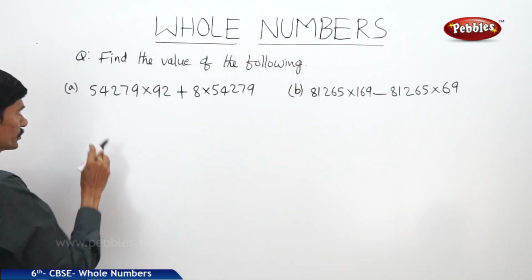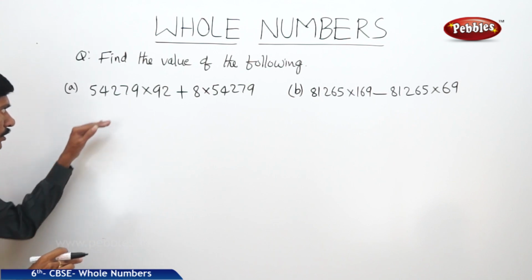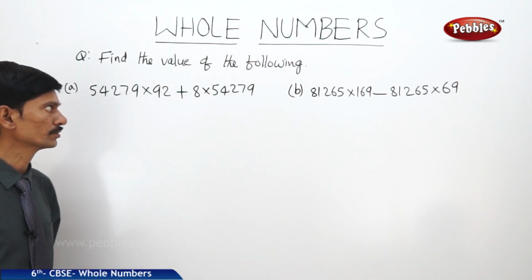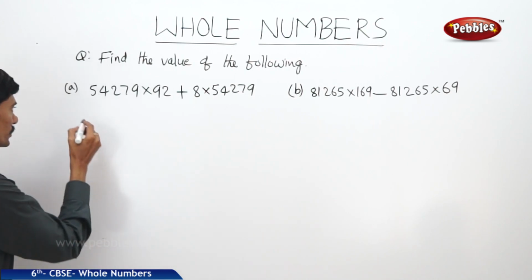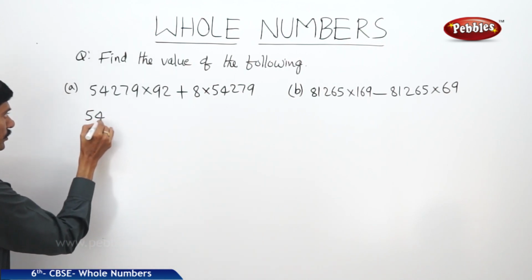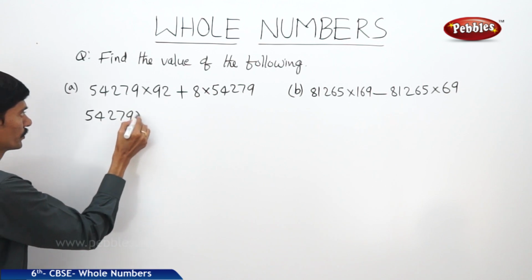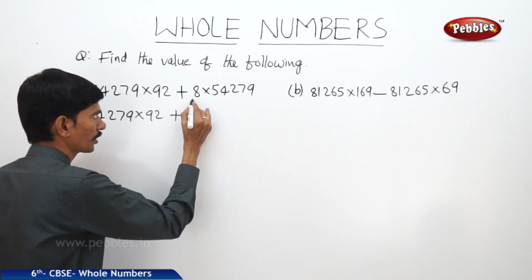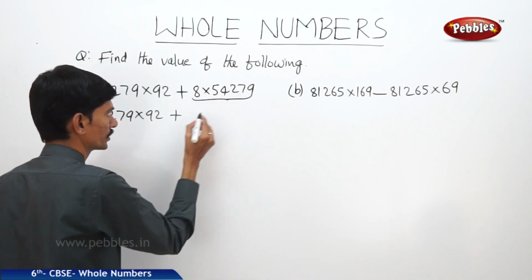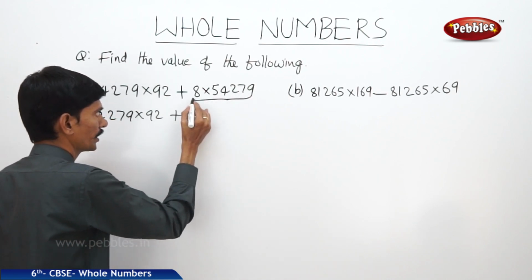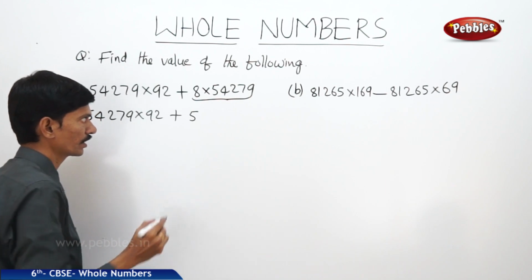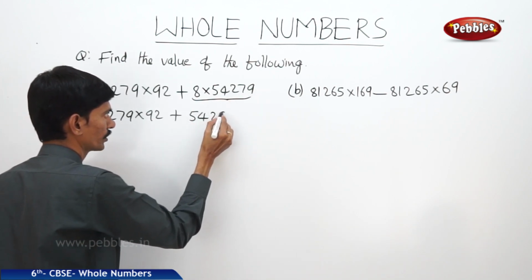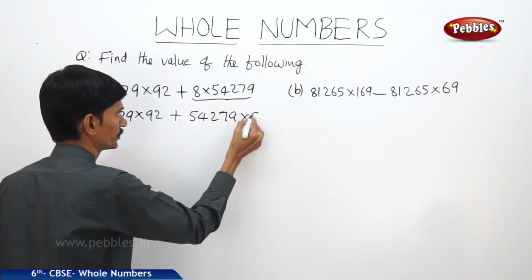So the first question is 54,279 into 92 plus 8 into 54,279. So this can be written as 54,279 into 92 plus, by using the commutative property of multiplication, we can write 8 into 54,279 as 54,279 into 8.